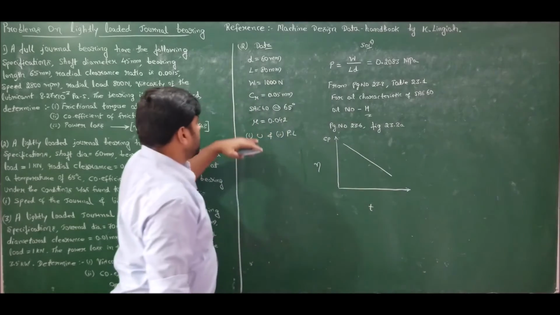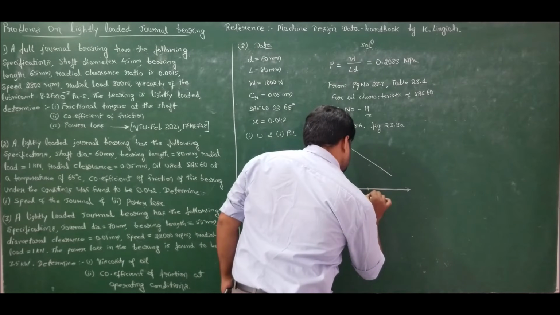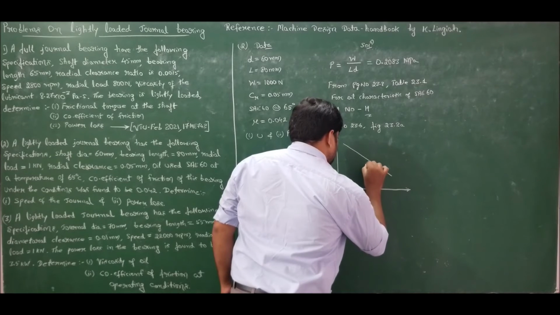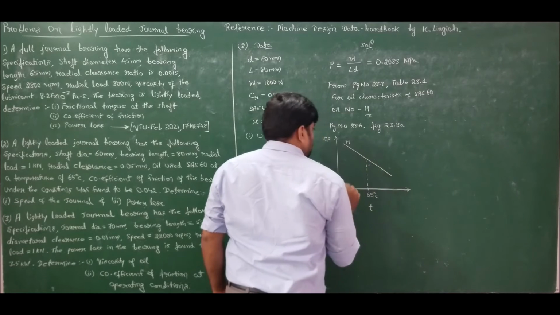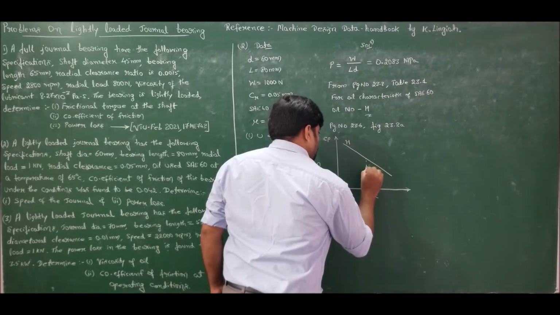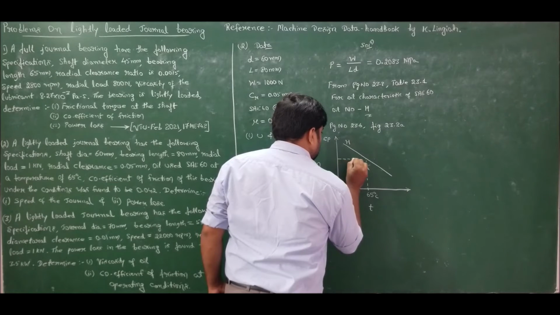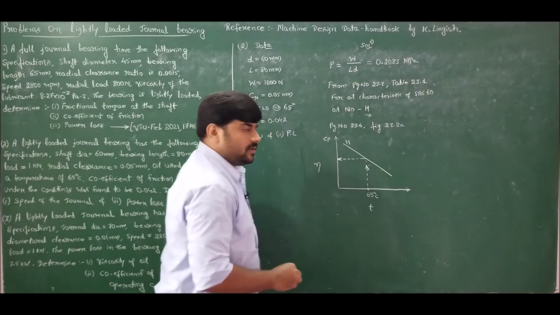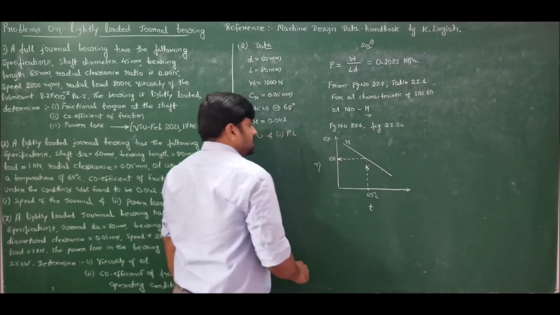Operating temperature is specified as 65 degrees Celsius. So mark 65 degrees Celsius, move up like this and intersect oil number H, come horizontally and read the value. We get the answer as 60 centipoise.